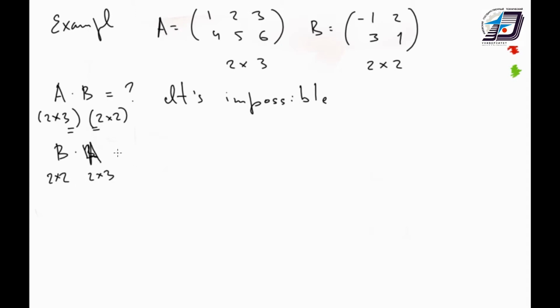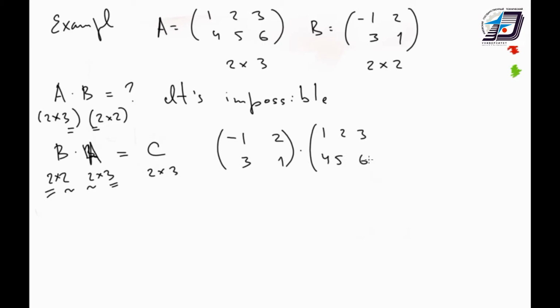So sometimes it is possible to calculate the product of matrices in one order, but B times A, 2 by 2 matrix and 2 by 3, is possible, and your matrix C has size 2 by 3, so you have 2 and 3 here, and we have equality of the internal numbers. So it is possible. And we have minus 1, 2, 3, 1 times 1, 2, 3, 4, 5, 6.